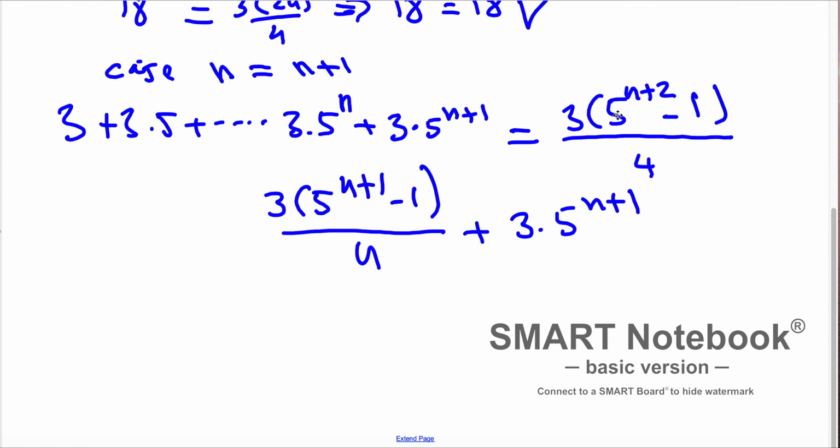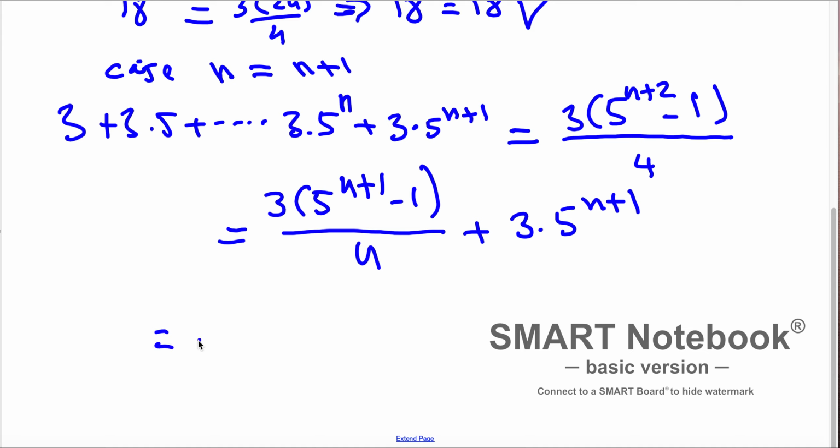Can I reach this result, the right side of the equation? So I am proving just the right side. Everything here I can rewrite, but I am not rewriting everything because it's going to take time. To prove this, we are going to work just on the right side of the equation.